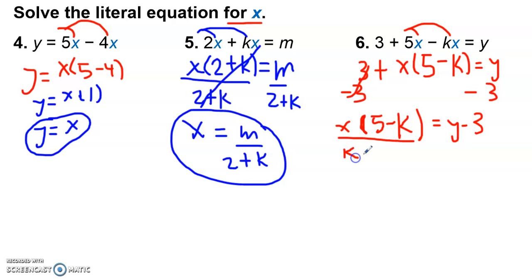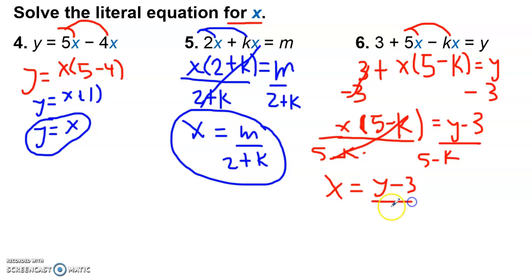We've got 5 minus k over here, so we divide by 5 minus k. That cancels, so it's x equals y minus 3 on the top and 5 minus k on the bottom.